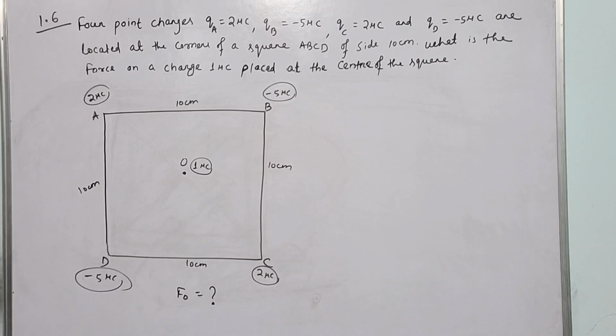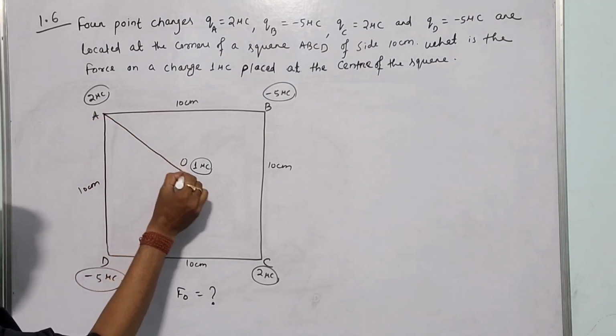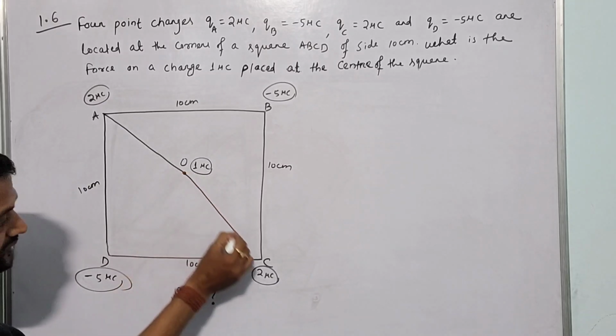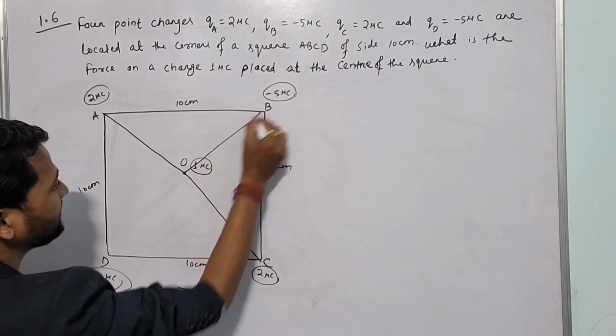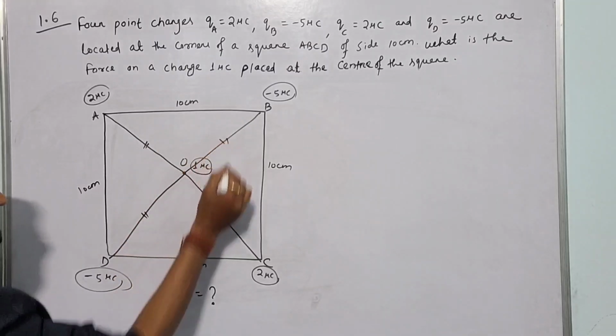Okay? So tell me, the distances O to A, O to B, O to C and O to D will be the same. Why is the distance the same?